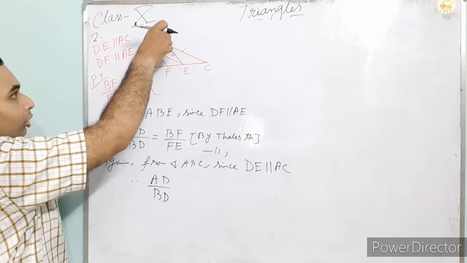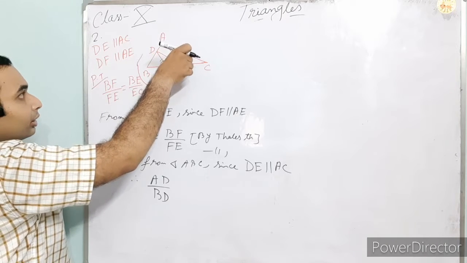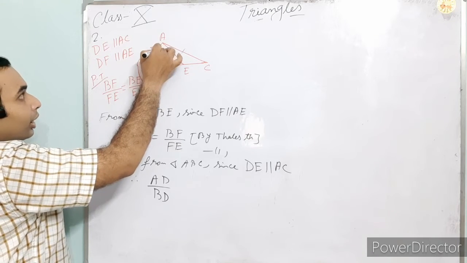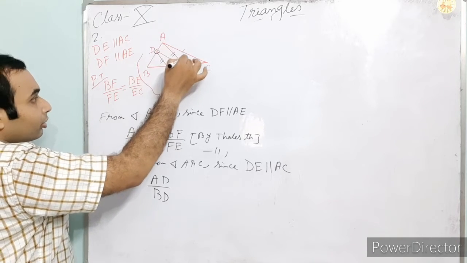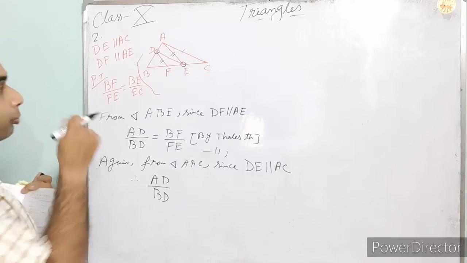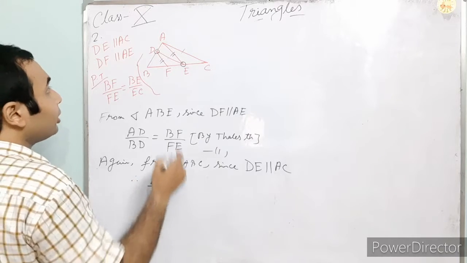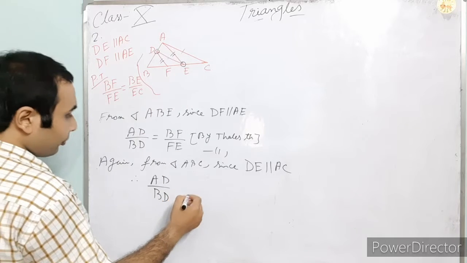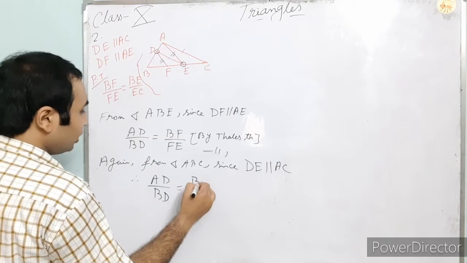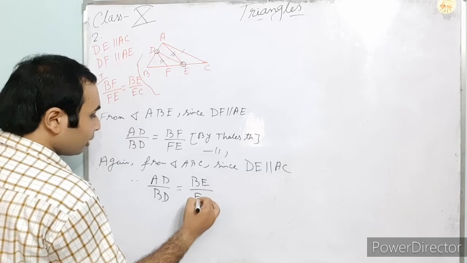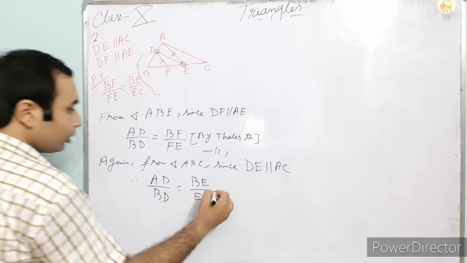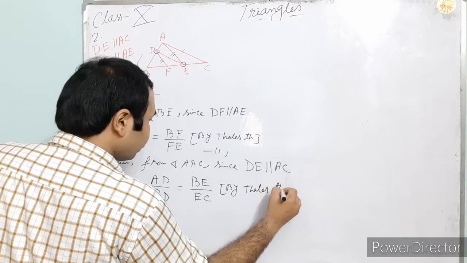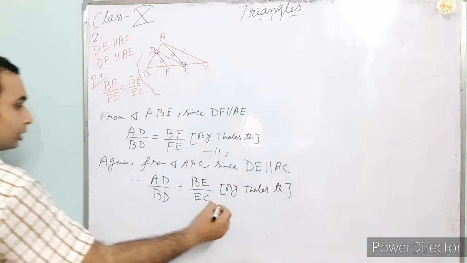Just see, here the points under consideration are D and E. So we will do the proportions in this way: AD by BD equals BE by EC, by Thales theorem again. This is number 2.